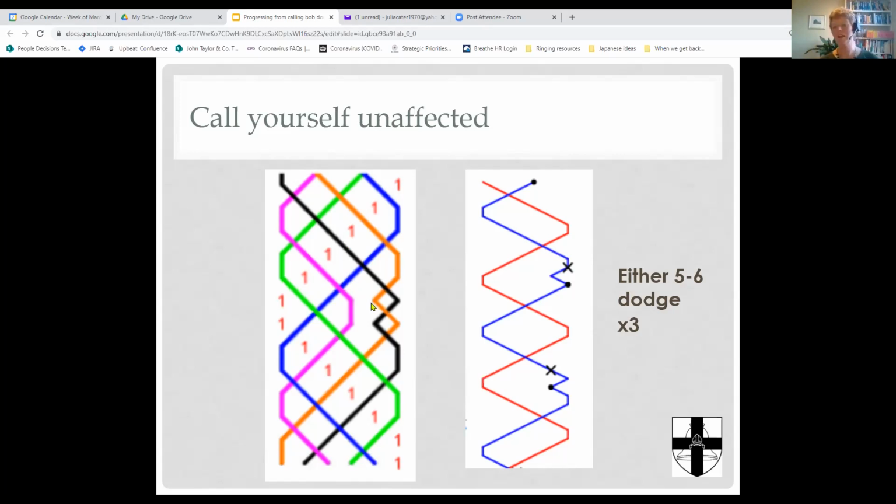So calling a bob 3 times at either of the 5/6 dodges works as well. Now, it's quite important that you remember which 5/6 dodge it is. You can't do one at 5/6 down and then next time do the 5/6 up one. You have to pick the same one and stick with it each time.